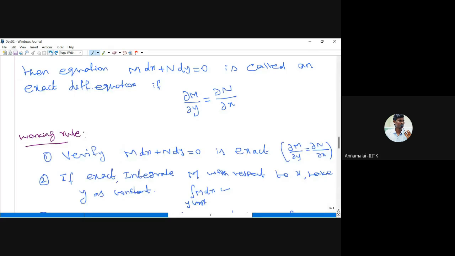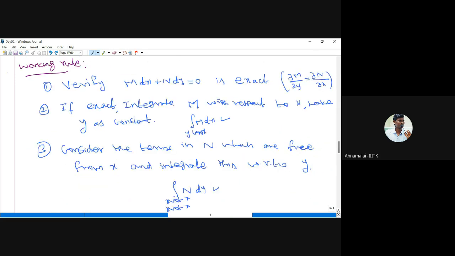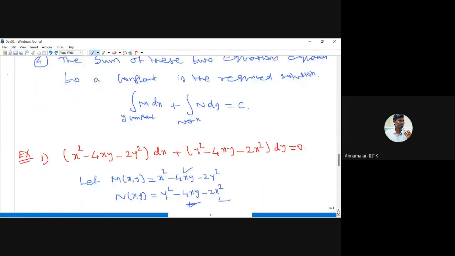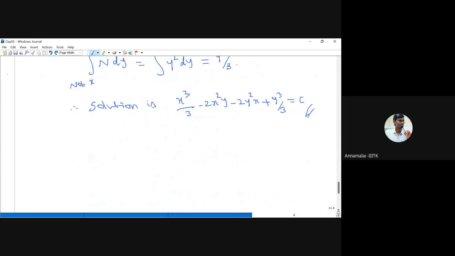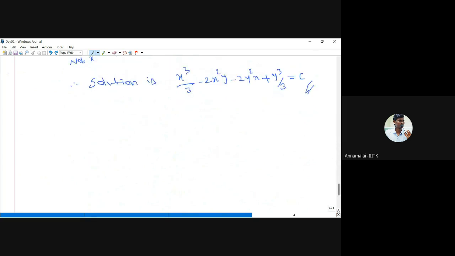Now another way of solving this equation is the grouping method. We have to group all the x terms in one group, and all the y terms in another group. Then we can directly integrate and solve.